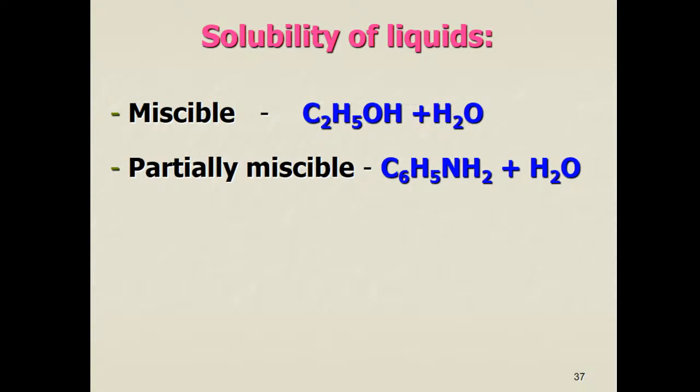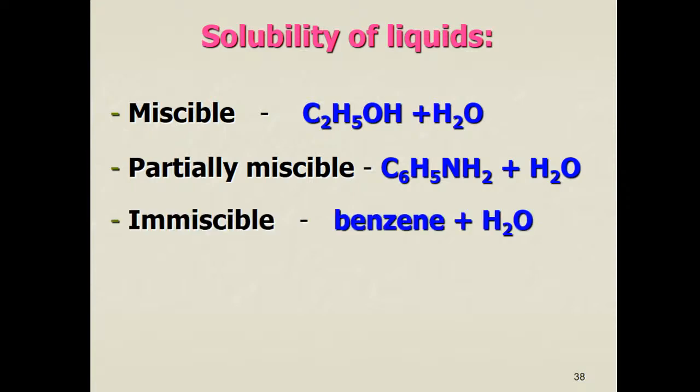Partially miscible liquids dissolve, forming a homogeneous mixture up to an exact concentration. After this concentration, separation of liquids happens, and then we will see the same picture as for immiscible liquids: two layers. Immiscible means that no matter what volume or concentration we take, there are always two layers.